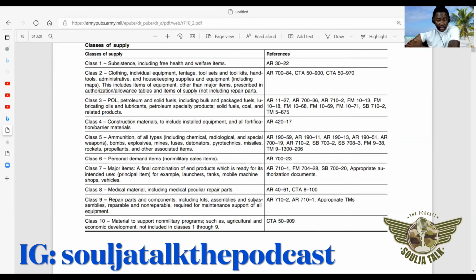And you can find this in AR 710-2, AR 710-1, and all the appropriate technical manuals. Class 9 is usually ordered through the motor pool, and that'll be once you do your PMCS in the morning, all those parts that say you have a missing windshield wiper or something like that, that'll be class 9. All that stuff is ordered through the motor pool.